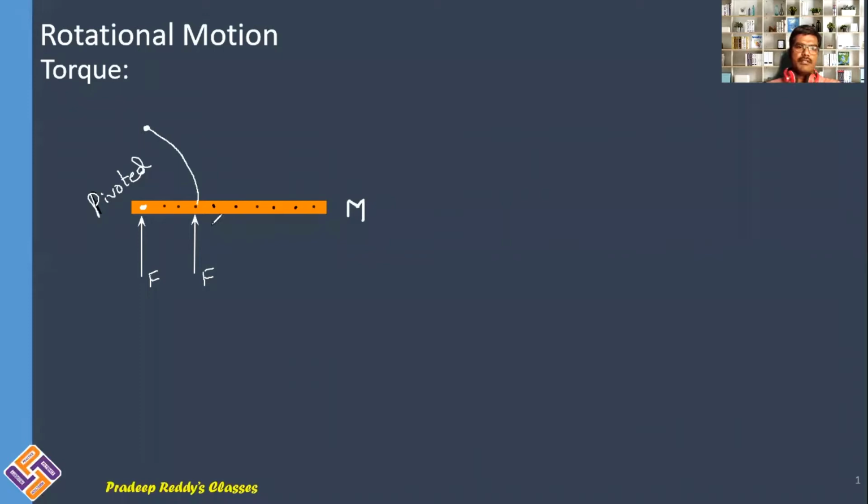You can apply force at this point such that the position is at some perpendicular distance from the fixed axis. Likewise, you can apply force at this position, and at each position you could see that the position of the particles is displaced in this way.